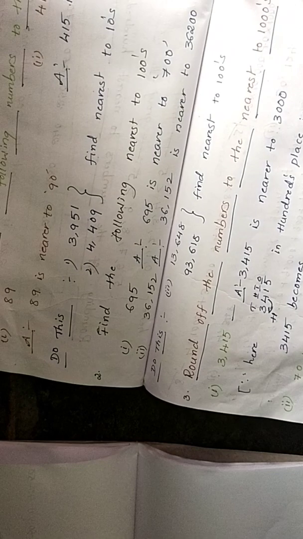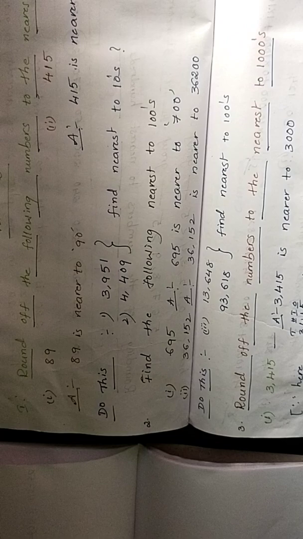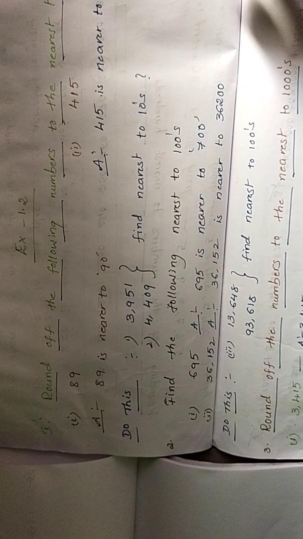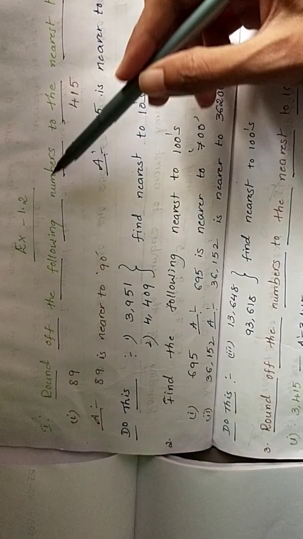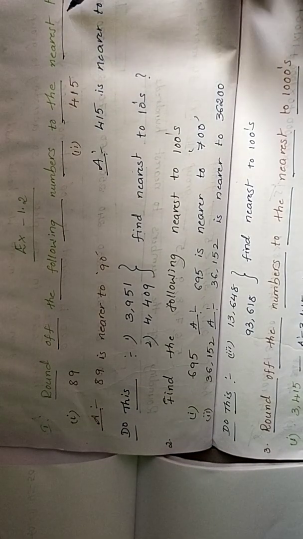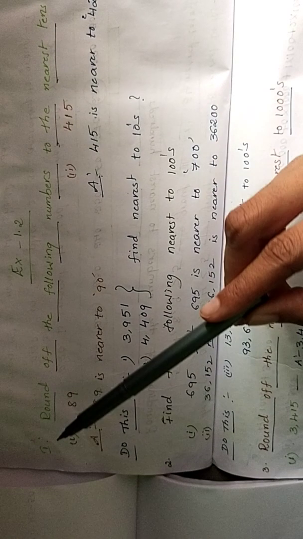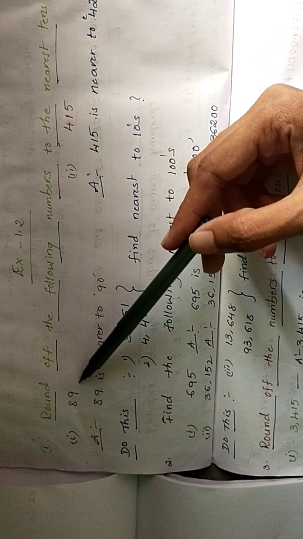And next, exercise 1.2. Round off the following numbers to the nearest tens. First of all, 89.